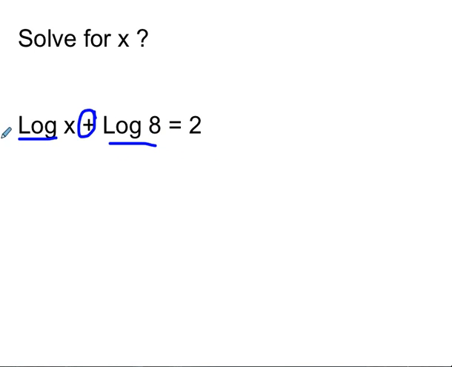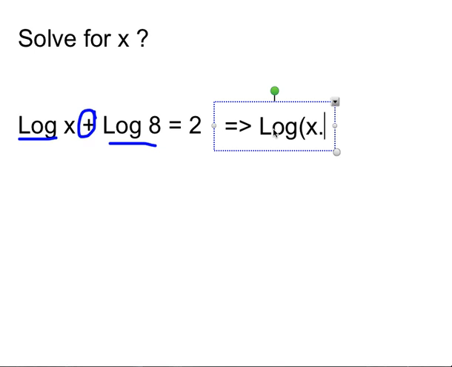Okay, so what I'm gonna do now is write it down here. I'm gonna use the product rule, and we're simply gonna write log of x times 8, in parentheses, is equal to 2. Done.